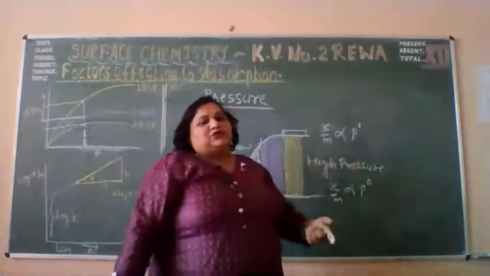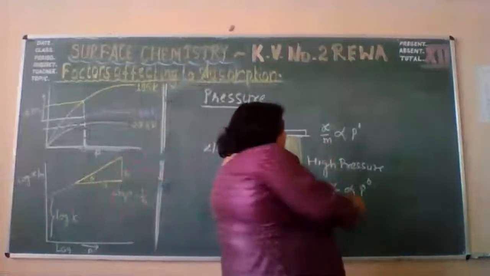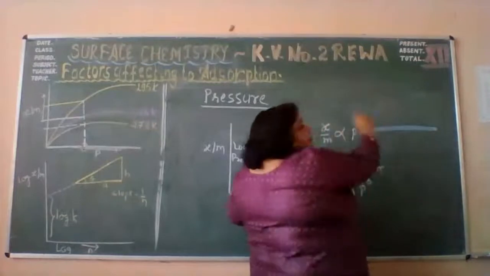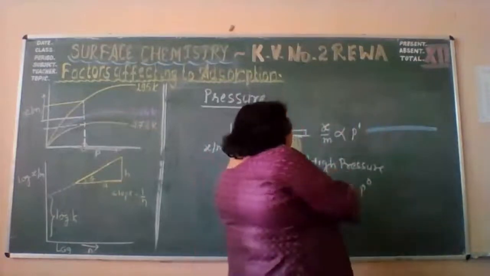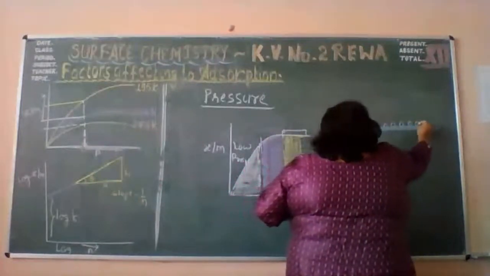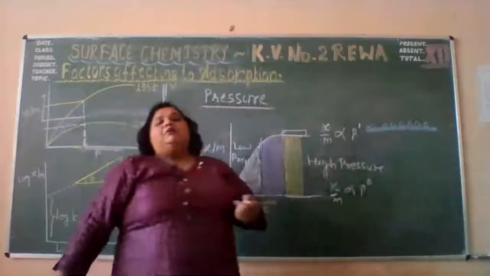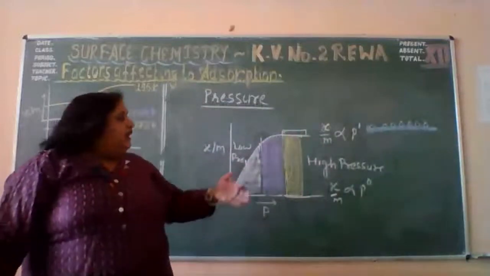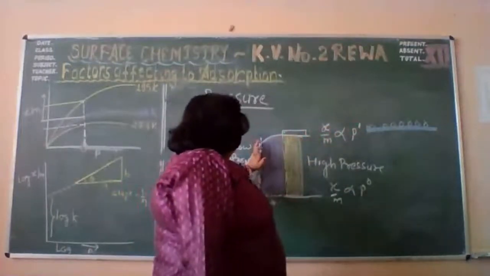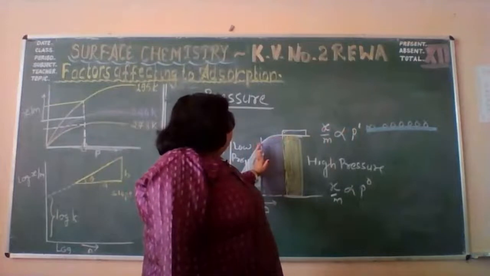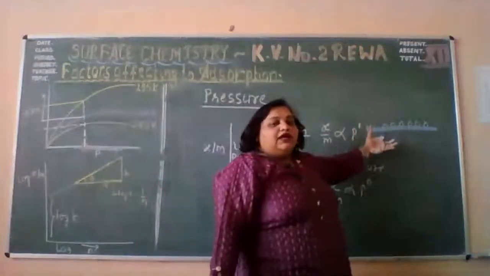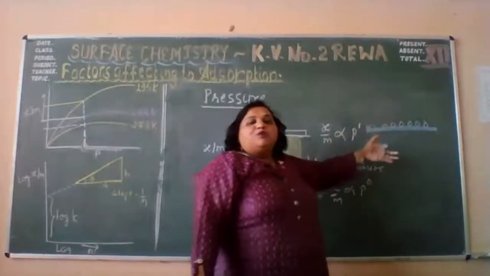Why this happens actually? Whenever this is your surface, right, on which the adsorption has to take place, as you increase the pressure, what happens? Some of the area is occupied by the adsorbate, right? As the pressure increases, up to here, what we were seeing that as the pressure was increasing, the X upon M was also increasing, the area was free for the adsorption process.